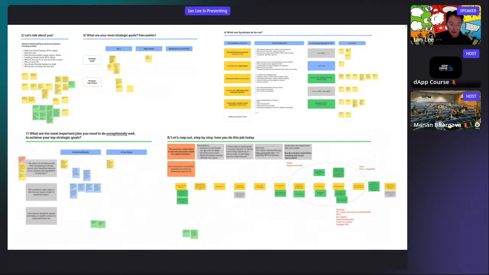And if you look at the top right hand side, what can Syndicate do for me? These were some of the user research methods that we used to try to develop real signal and invalidate and validate certain things about what the core value propositions were that Syndicate needed to build its infrastructure around.